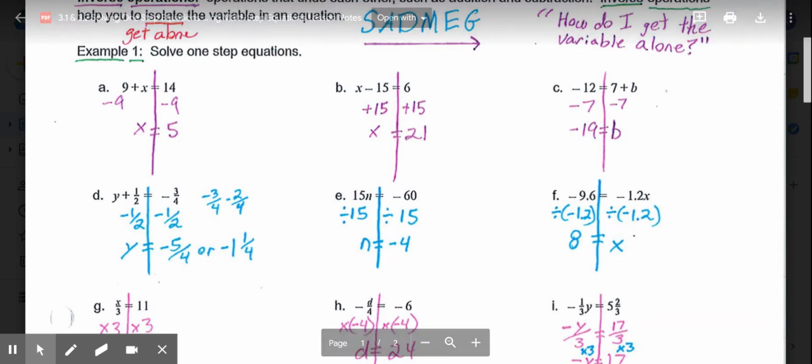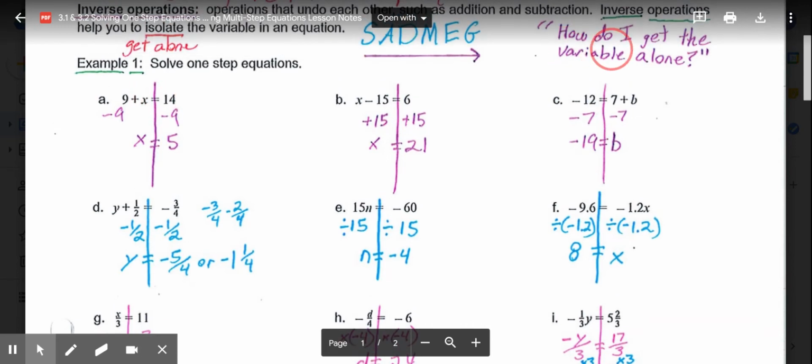Now in example A, we have 9 plus x equals 4. Again, you always want to think, how do you get the variable alone? If it's 9 plus x, to undo the addition of 9, or to get the positive 9 back to 0 so we'd have x alone, you subtract 9 from the left-hand side and subtract 9 from the right-hand side of the equals, giving us x equals negative 5.